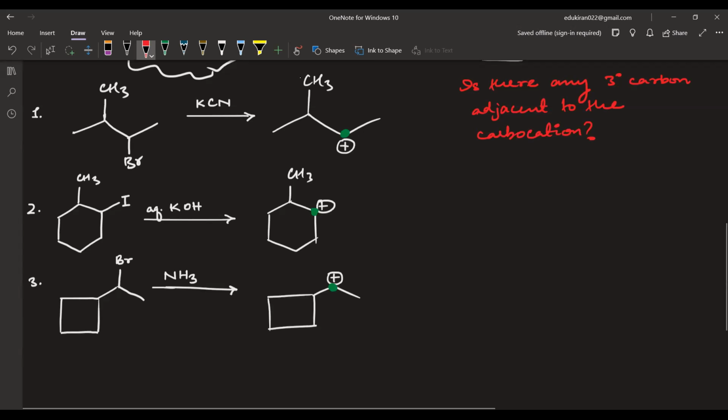Tell me for the first one, yes or no, in the chat, please. Okay. Is there anyone who has not understood the question? Please tell me if you have any doubt in how you have understood it. Okay, fine. I think all of you have understood. So please answer for the first one. Is there any 3-degree carbon adjacent to the carbocation?